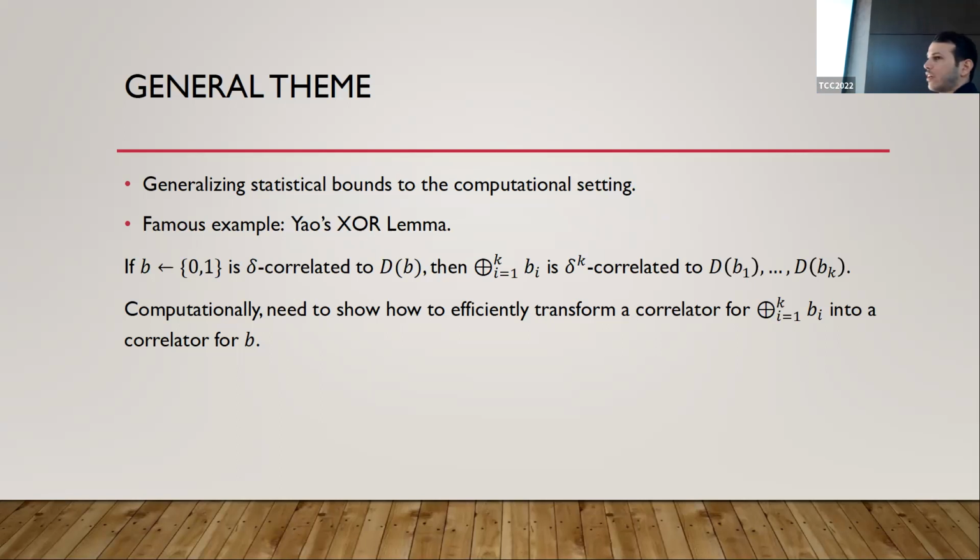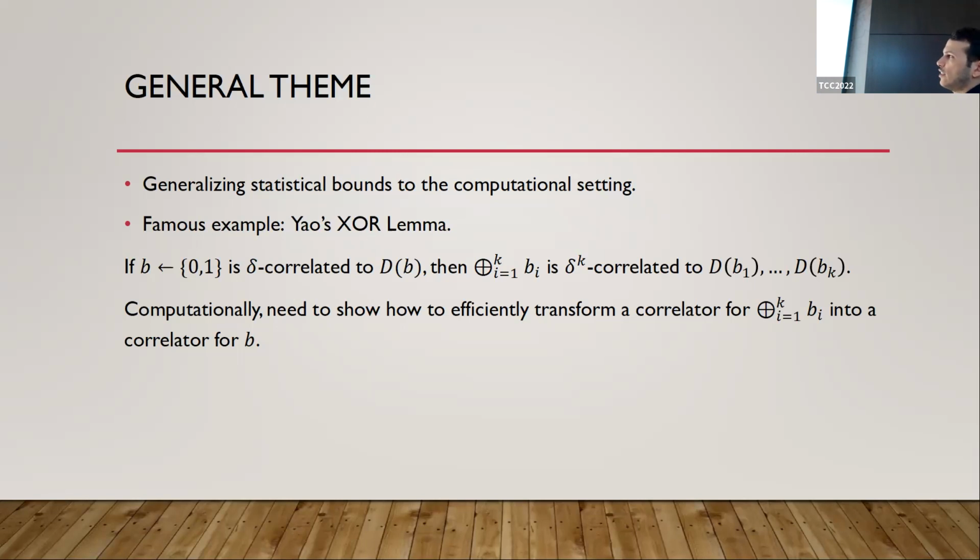such that when I draw a random bit and then draw from D_b and give it to an adversary, asking him to correlate the sample back to b, his ability to do this is bounded by delta.